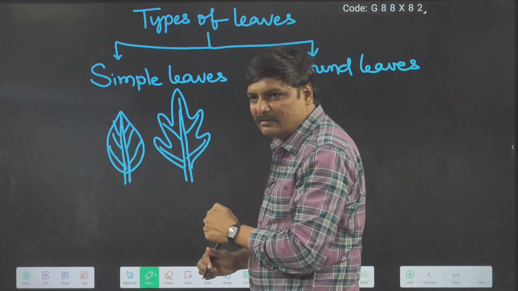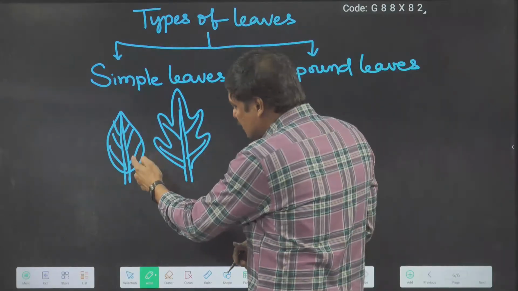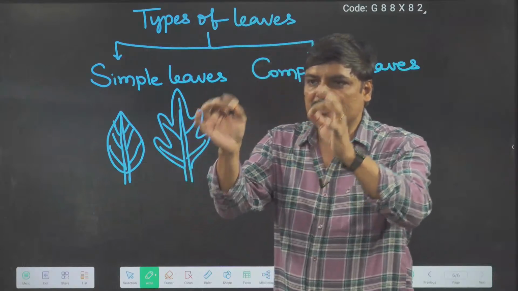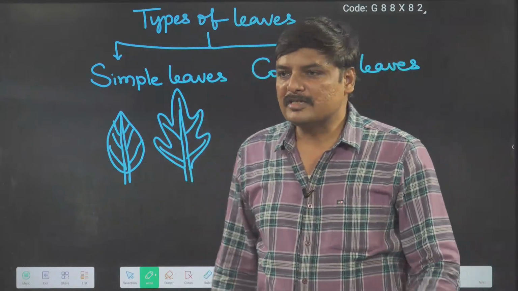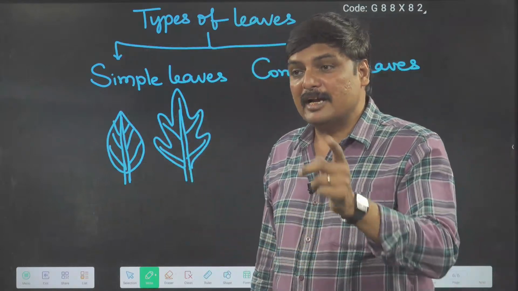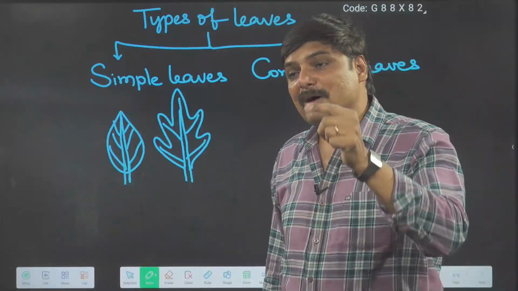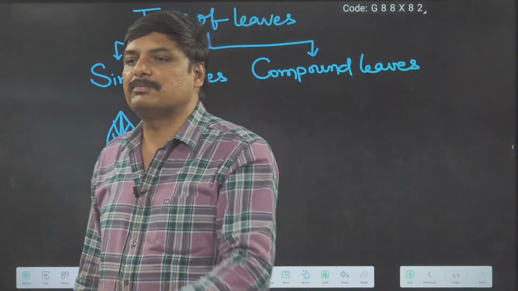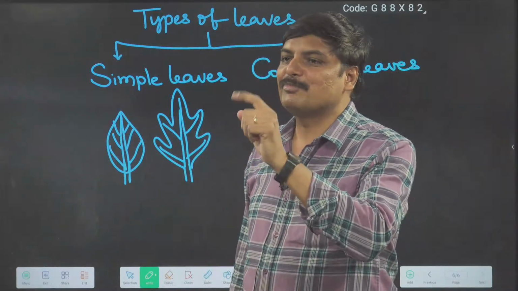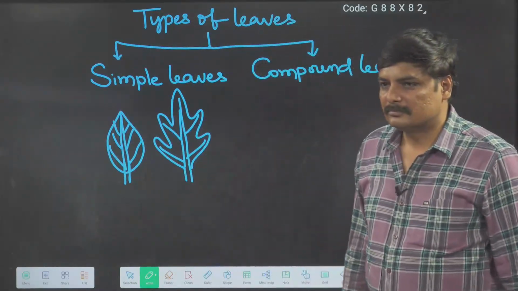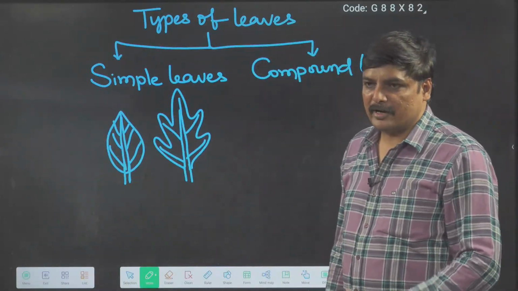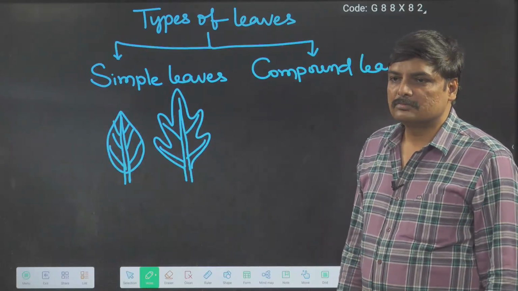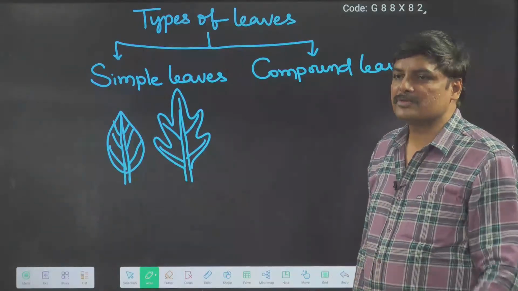That is why this leaf is also a simple leaf. A simple leaf is that leaf which has either an entire margin or margins with incisions. The incision should not touch the midrib. For example, mustard and China rose all show simple leaves.